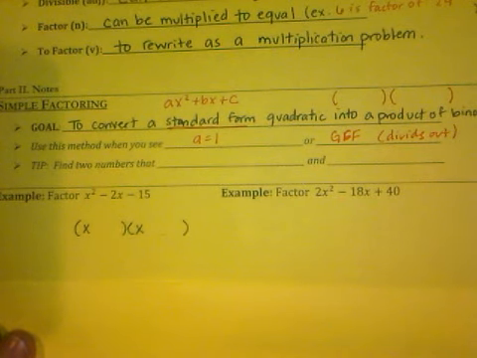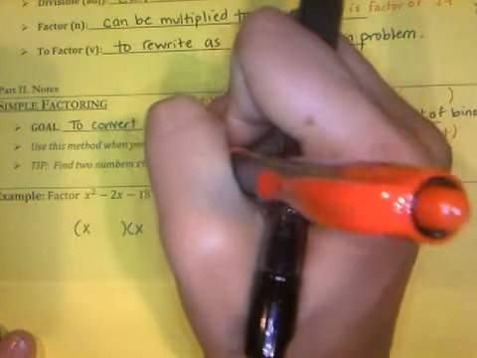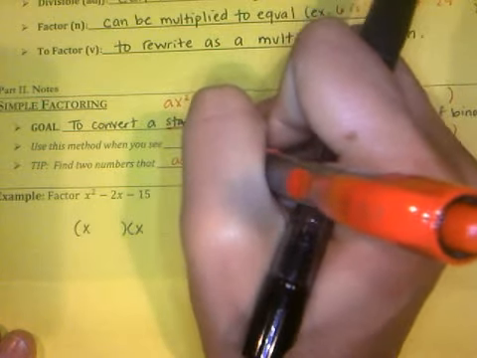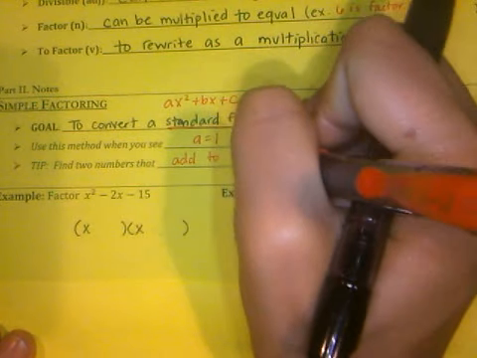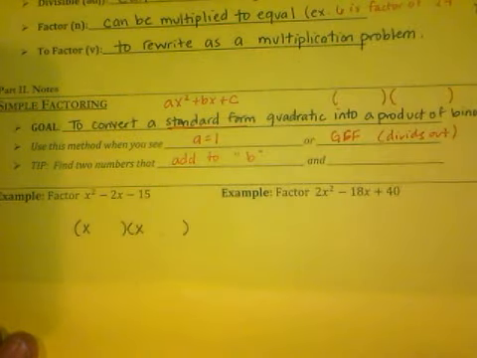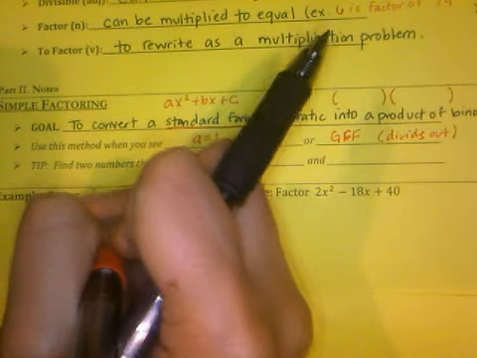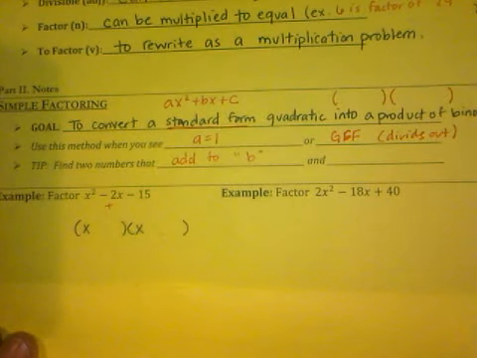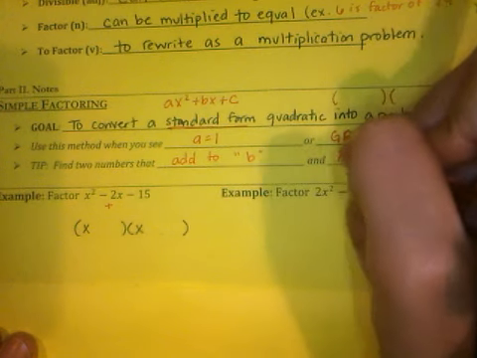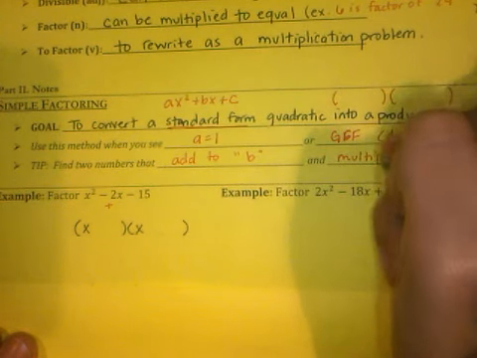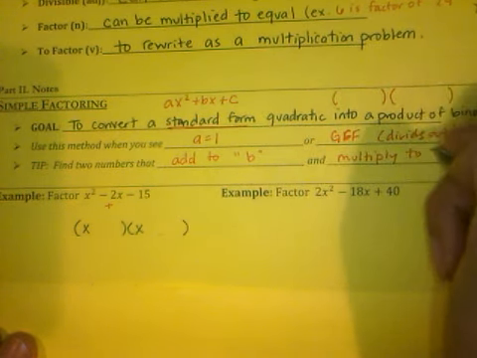If you think about what we do for drills, the goal is to find two numbers that add together to equal b. In this case, we want two numbers that add to equal -2. And the same two numbers should also multiply to equal c.